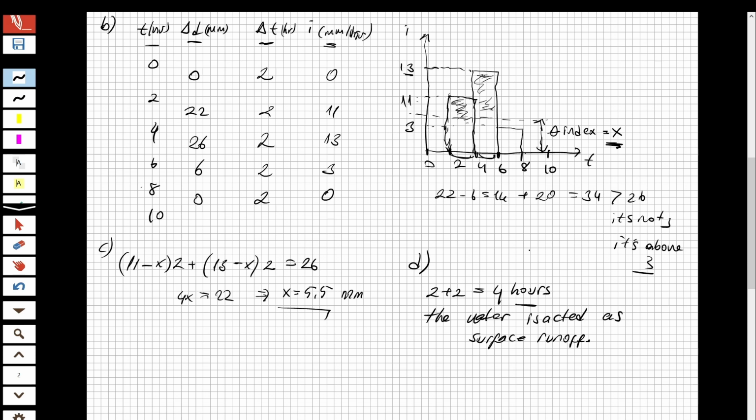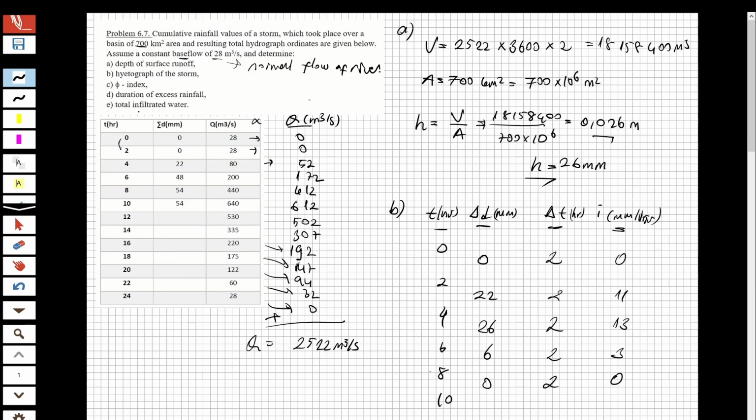So let's solve the last part, the water below the phi index. What is the water below the phi index? Look at here, the phi index is at 5.5. This is part E, the last part, the total infiltrated water.